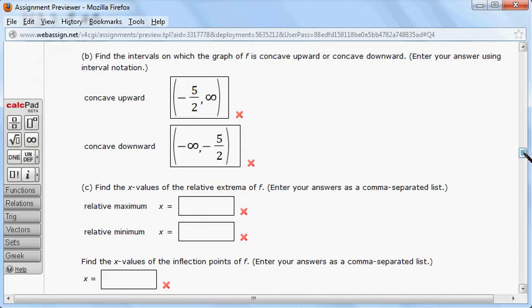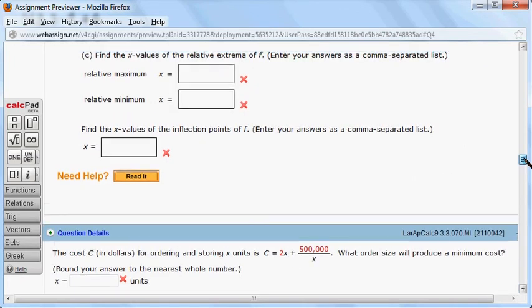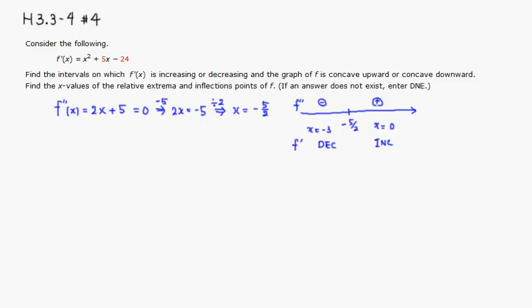Part C. Find the x value of the relative extrema of f. So we have to take the derivative, but we already have the derivative. So I'm going to just set this equal to 0.